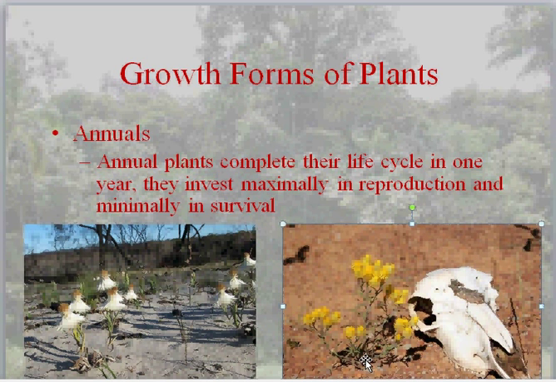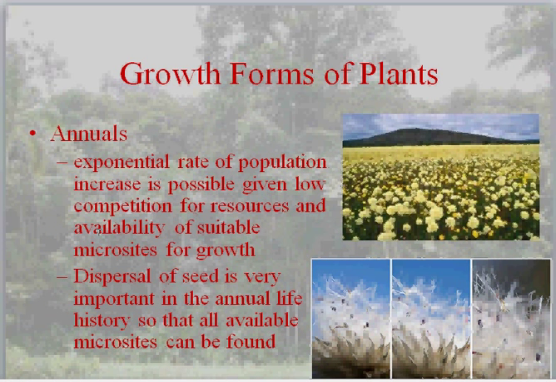To take advantage of these abundant resources, annuals have an exponential rate of population increase. For so long as the resources are available and competition is low, these annuals will increase their population.